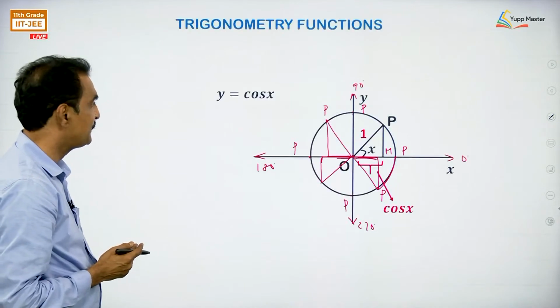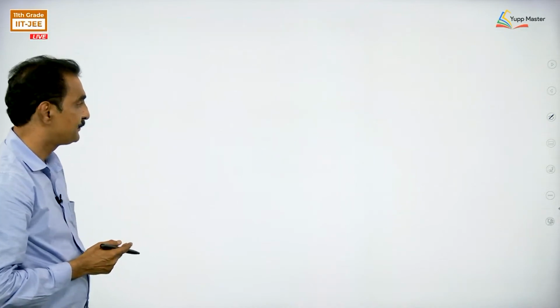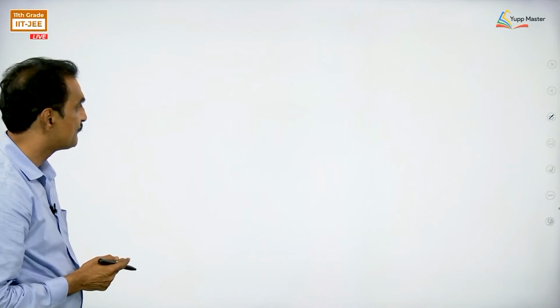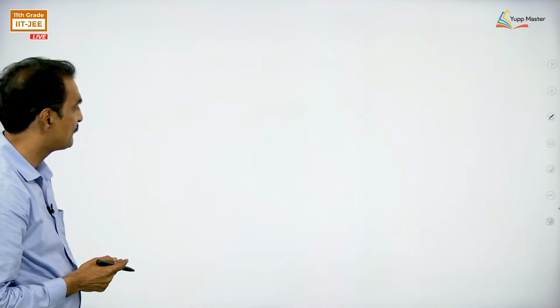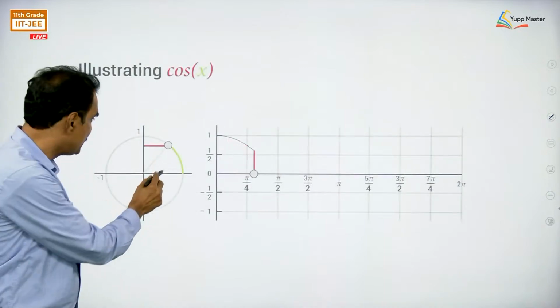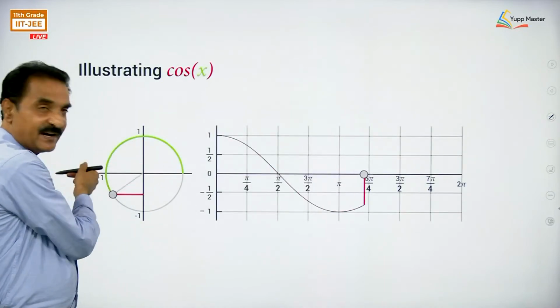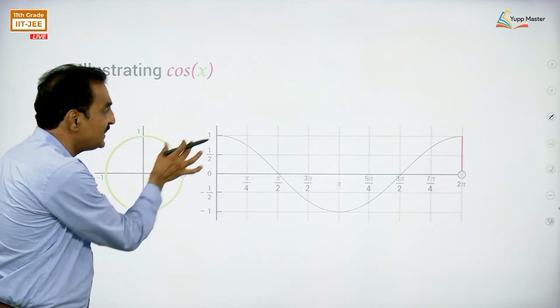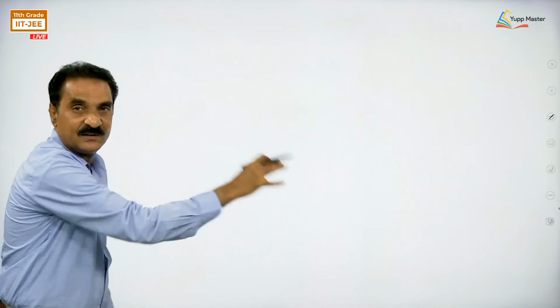Again, let us see. See this animation. When it moves to the left side of the y-axis, it becomes negative. So, correspondingly, we have taken the heights and plotted the graph.